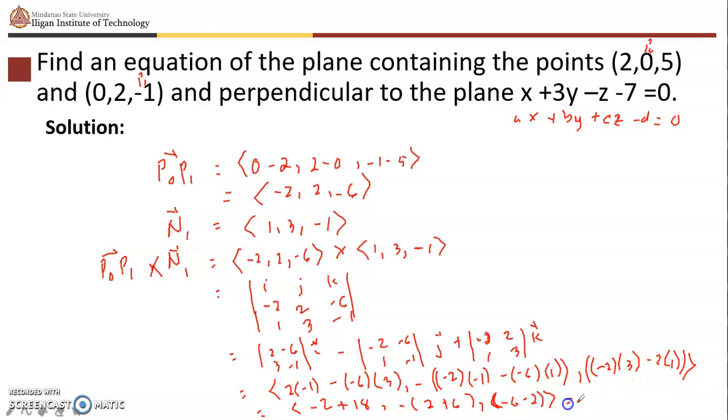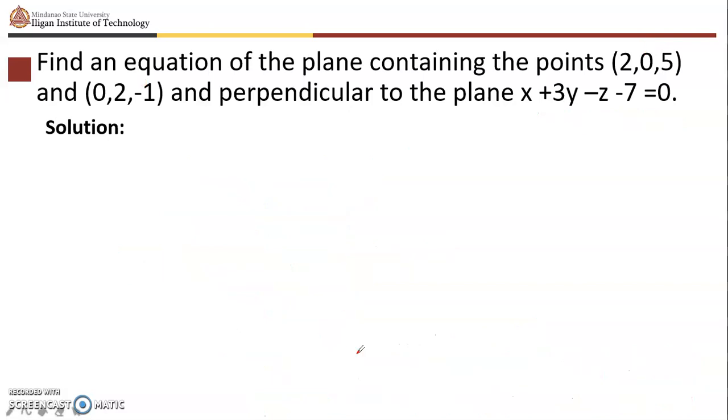So that means to say the cross product is equal to 16, then negative 8, and negative 8. So meaning to say, we can write that as 16, negative 8, negative 8.